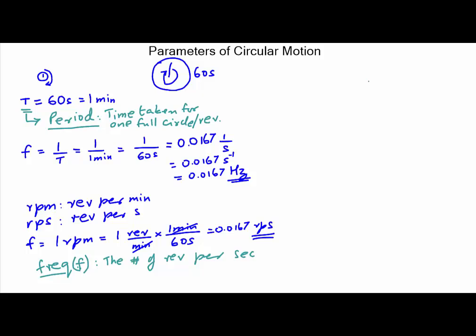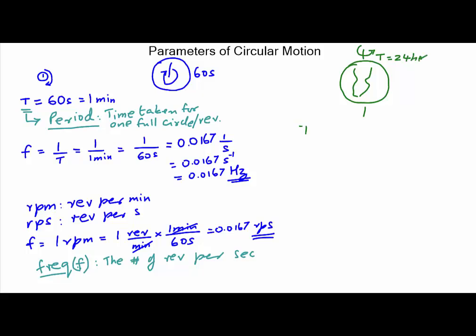Now we'll consider the Earth. As you know, the Earth spins, and one spin of the Earth on its axis is what gives us day and night. So here's the Earth, here are some continents, and it spins on its axis with a period of 24 hours, as you know.